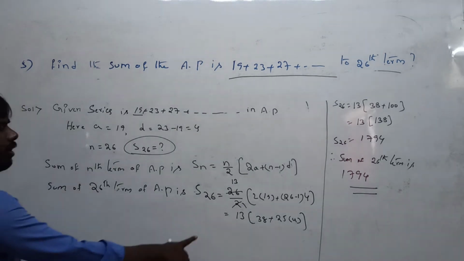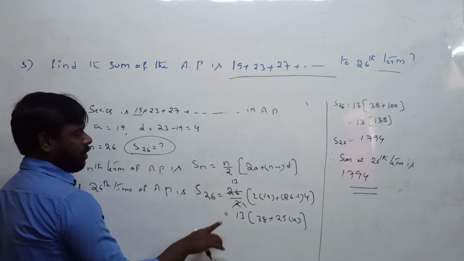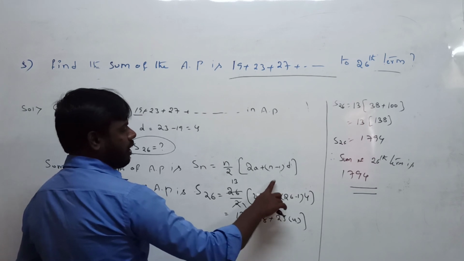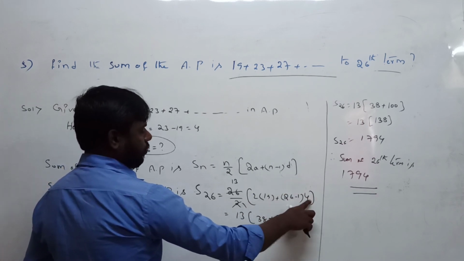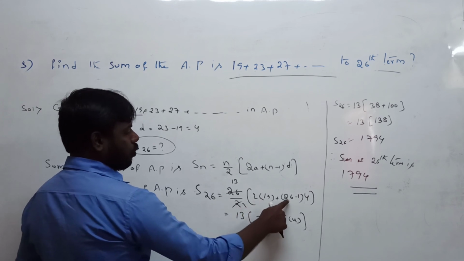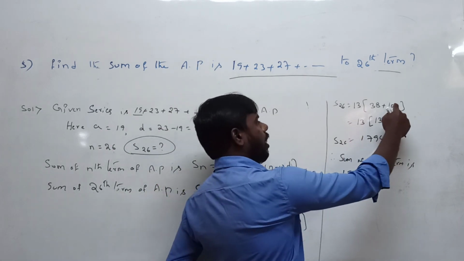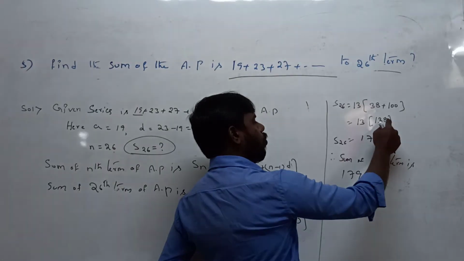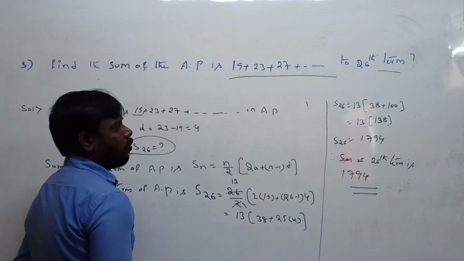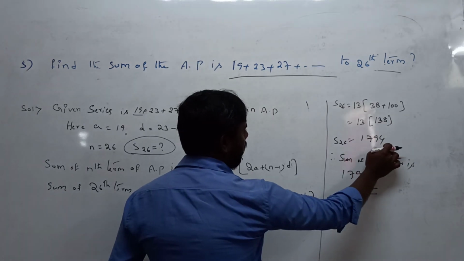They are asking to find the sum of 26th term. That's why we are applying the sum of 26 formula. After substituting all values: n value is 26, a value is 19, n value is 26 minus 1 into d value is 4. So now 2 and the 2, 13. 2 into 19 is 38 plus 26 minus 1 is 25. 25 into 4 value is 100. 100 plus 38 is 138. 13 into 138 value is 1794.